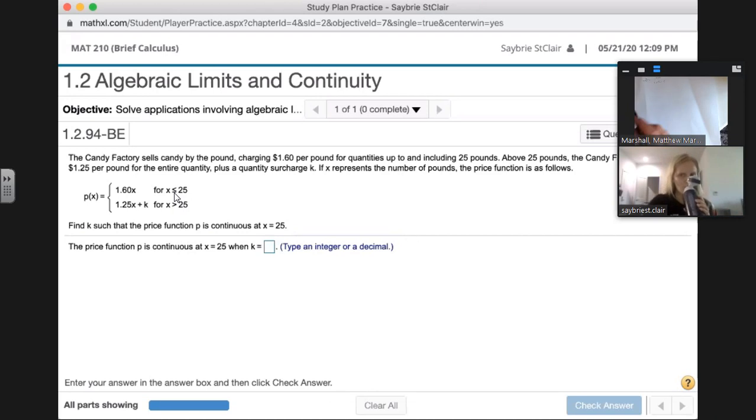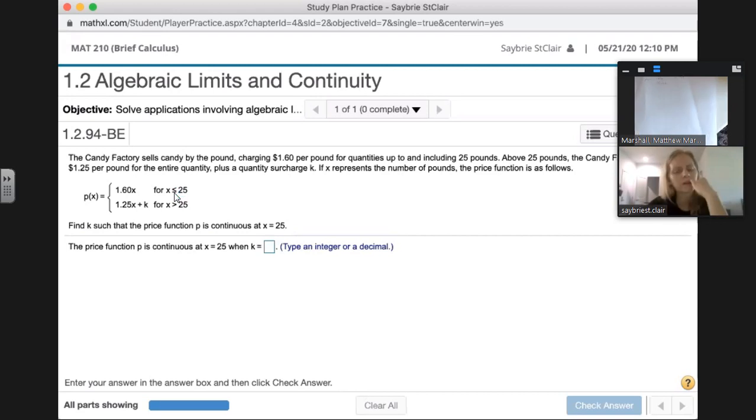So that would be like 25, 24.9, 24.99, kind of like that. I think using just the 9s because it's closest to 25.